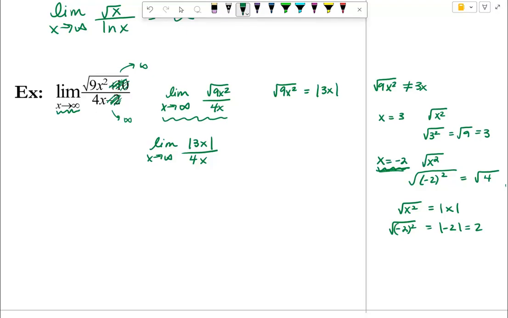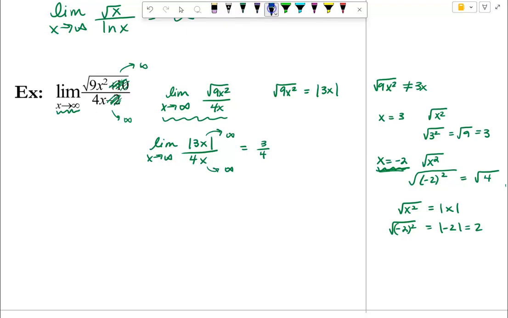The top is going to be a big positive number because it's the absolute value of 3 times a huge number. The bottom is also going to be a positive number. So we can still think of dividing off those x's, and our limit is going to be +3/4.